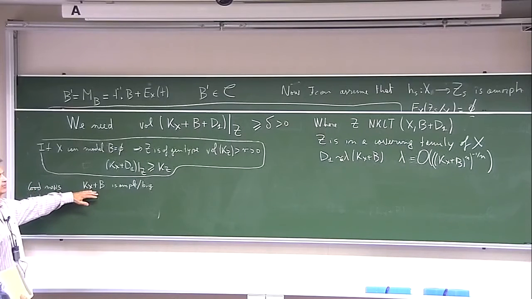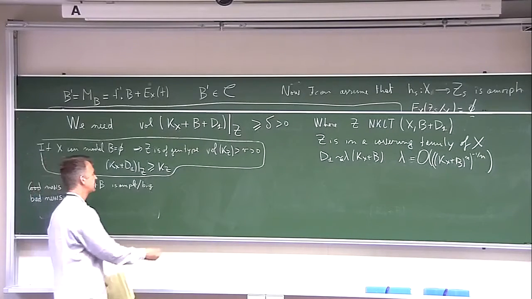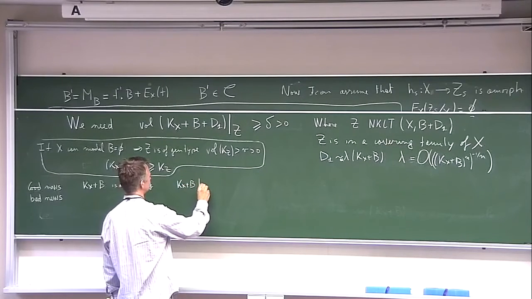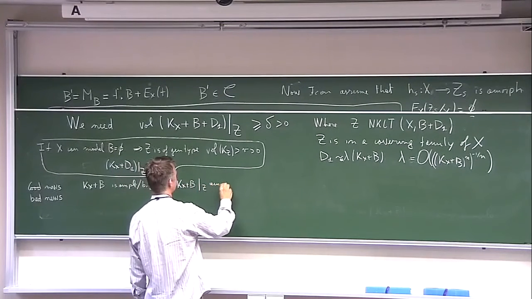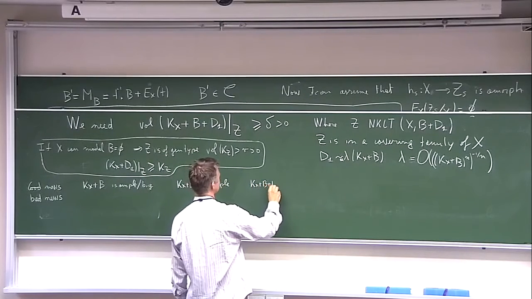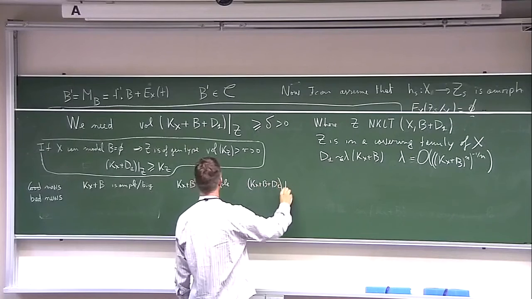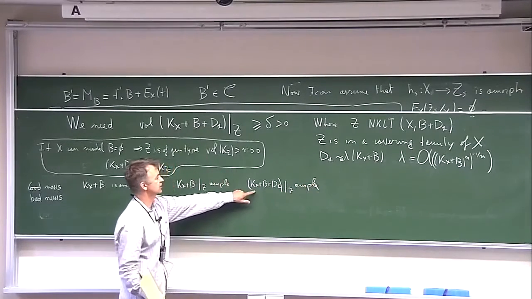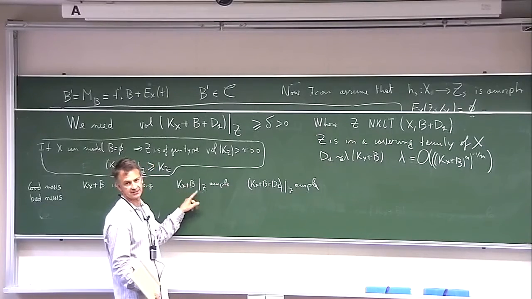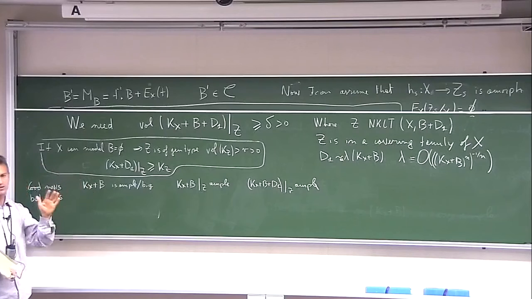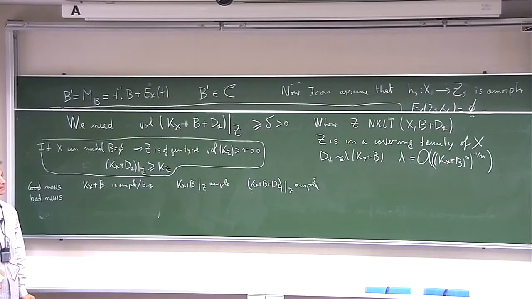Let's think of the ample case, it's just easier. Then certainly Kx plus B restricted to Z is still ample. And similarly, Kx plus B plus D1 restricted to Z is ample. This is just 1 plus lambda times this. So this is ample if and only if that is ample. So that works very well, right?